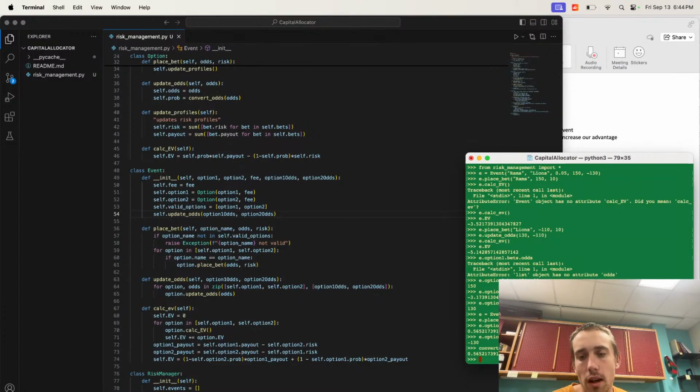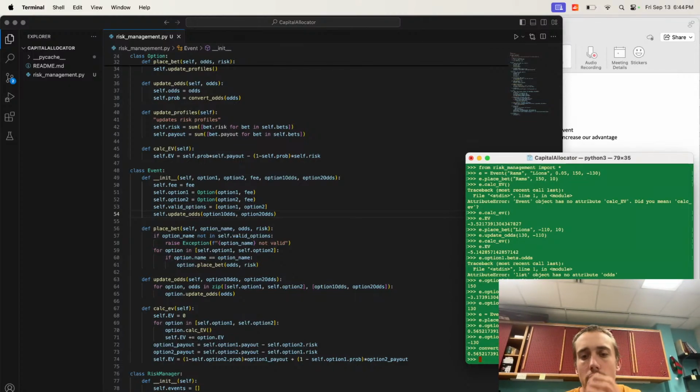So the odds of it happening are minus 130, which gives it a 56% chance, which would mean we have 0.46.